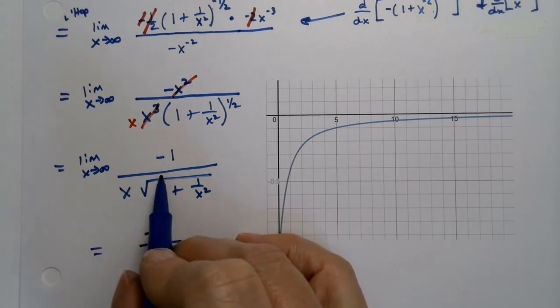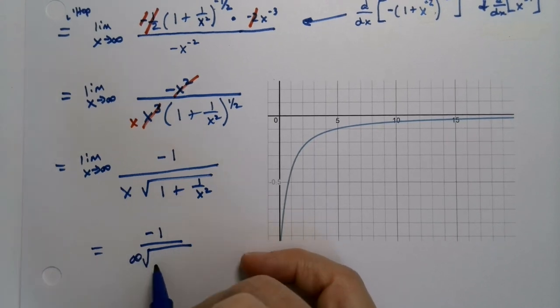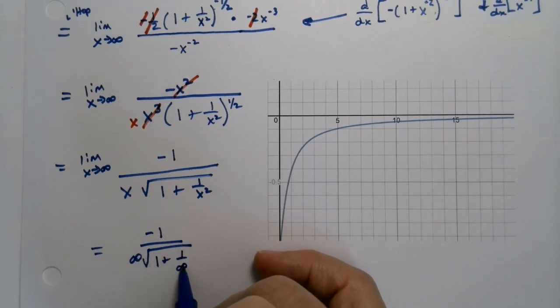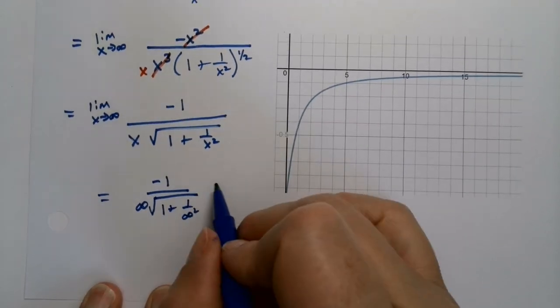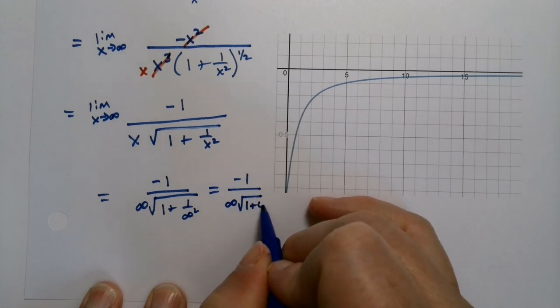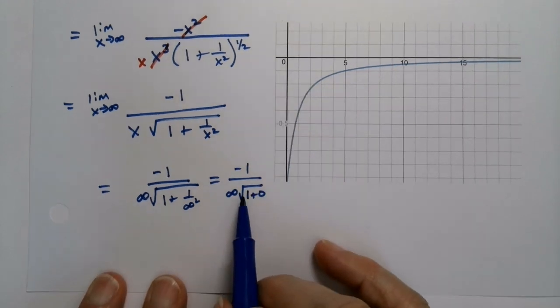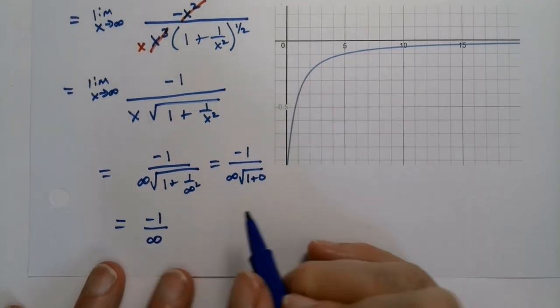This is negative 1 over infinity times the square root of 1 plus 1 over infinity squared. Well, 1 over infinity is 0, so this is negative 1 over infinity times the square root of 1 plus 0. That's infinity. So this is negative 1 over infinity, which is 0.